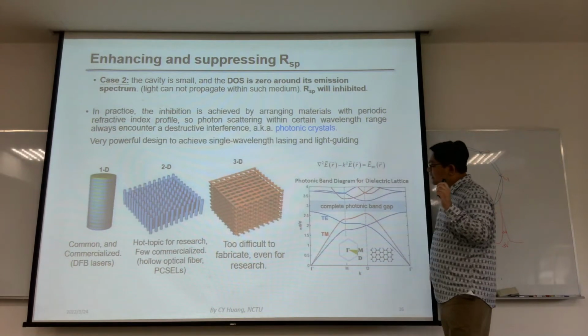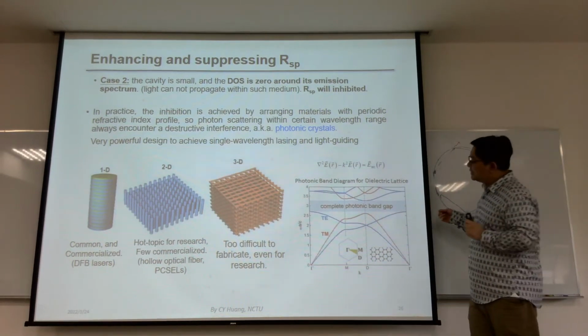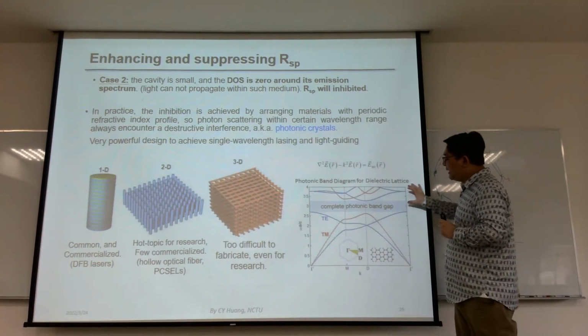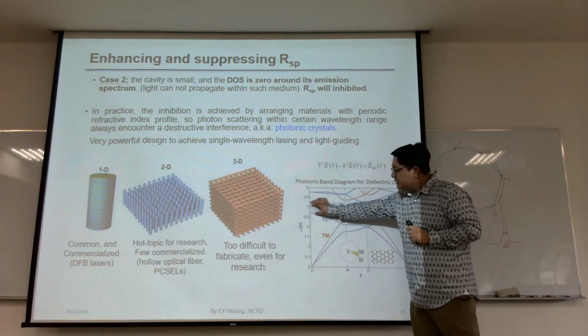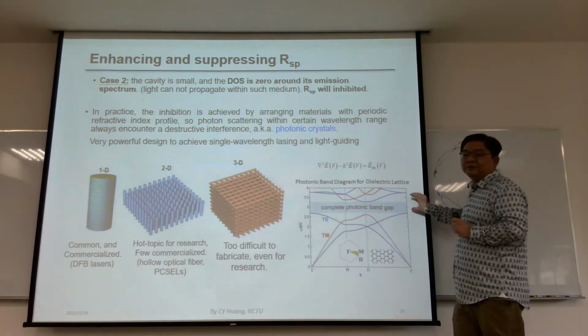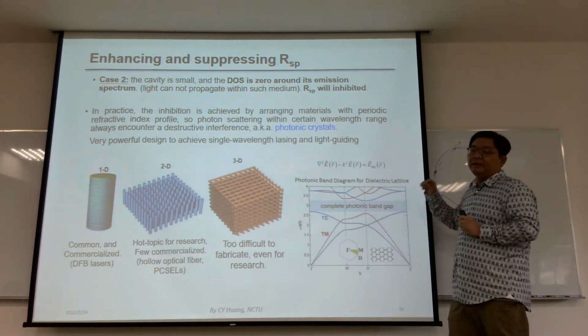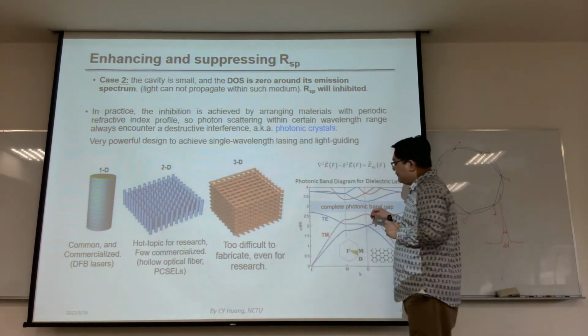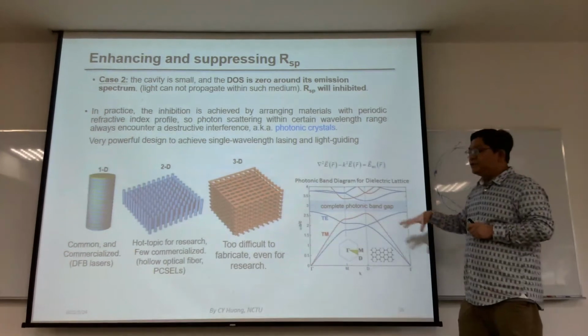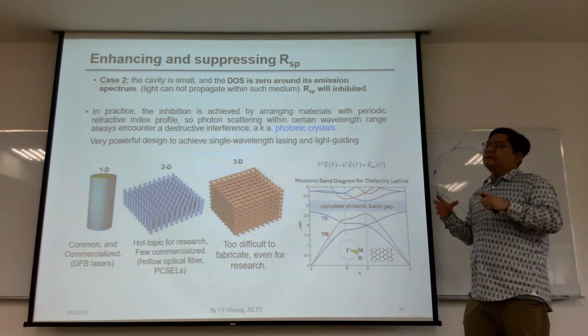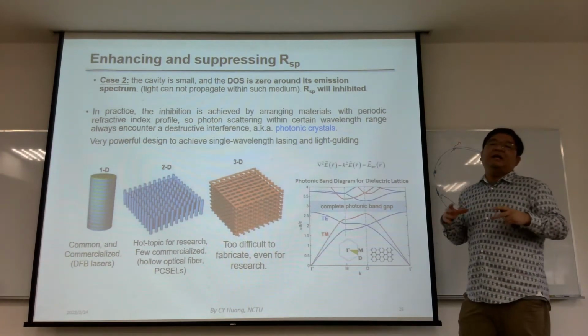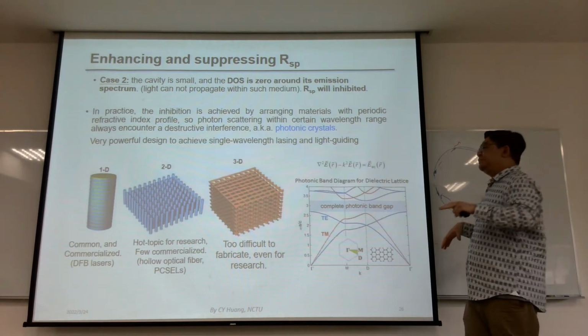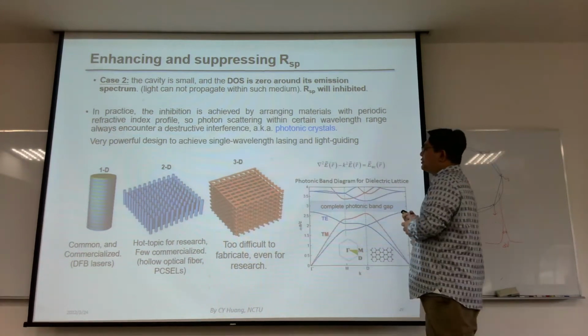And that area with no allowed frequency is called the photonic crystal band gap. So if we have a material doing photonic crystal, we can let the spontaneous emission be 100% suppressed with such a structure.